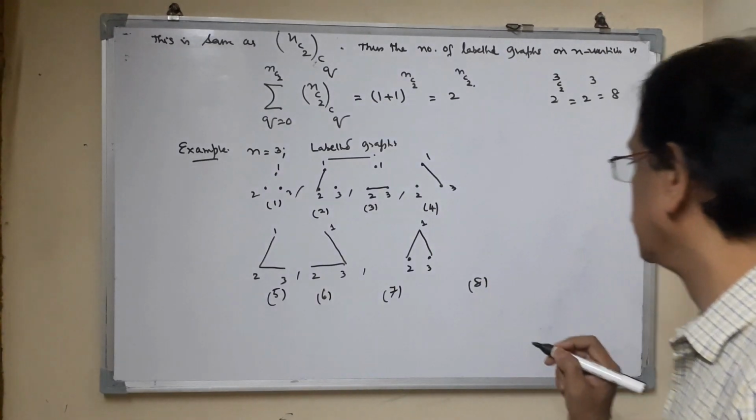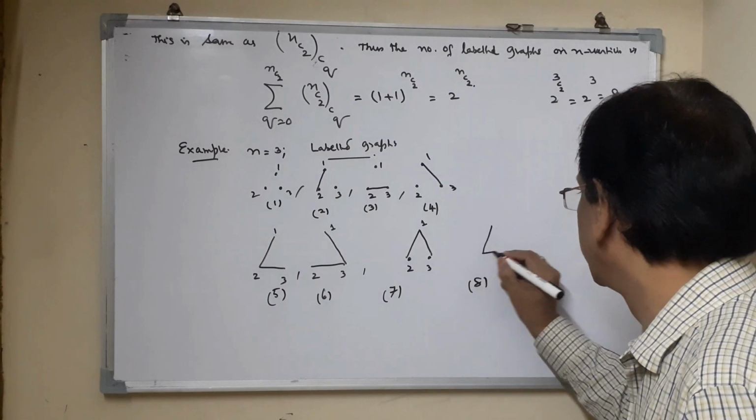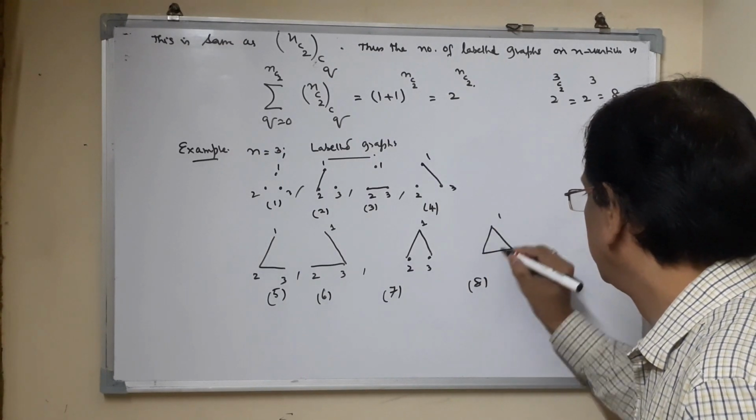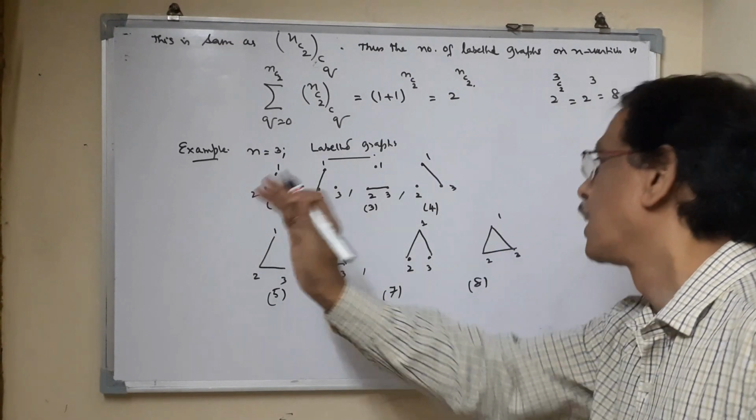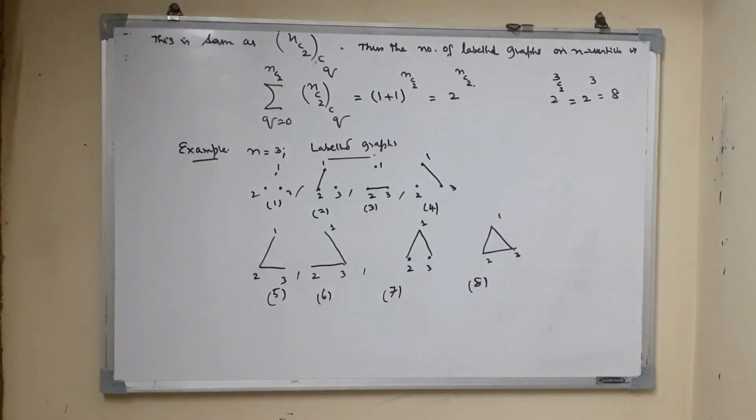The final one is the complete graph, where you will get a triangle 1, 2, 3. So there are 8 in number for n equal to 3. This is a very interesting theorem.